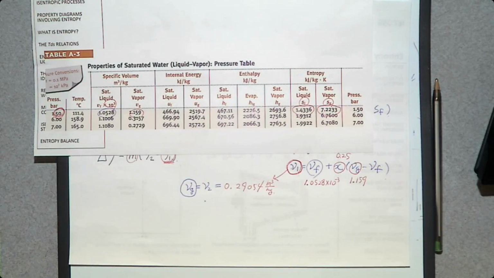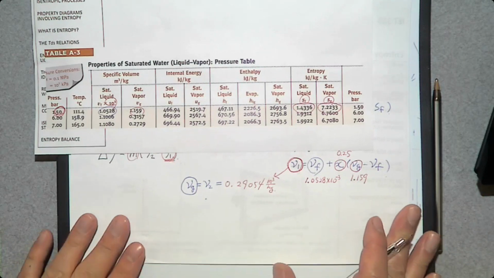It's right here. Can you find this number on this table? Yes, it is between 0.31 and 0.27. So Sg is going to be between 6.76 and 6.70. Can you determine Sg? Yes, by using linear interpolation.